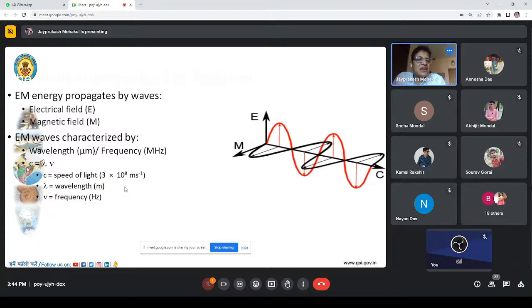So the speed of light is equal to lambda, which is basically the wavelength, multiplied into frequency, right? Frequency is how many cycles per second.